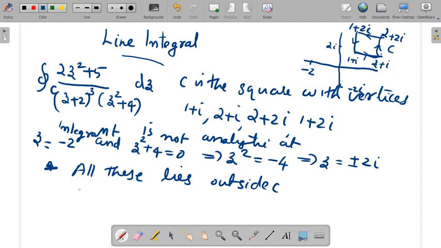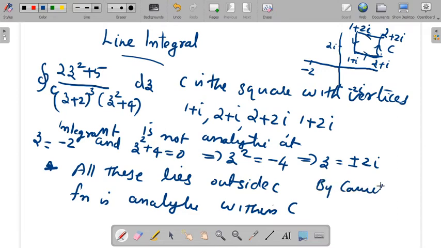So you can conclude that the function is analytic within C. And C is a simple closed curve. So as the function is analytic within C, by Cauchy's integral theorem, we can write the integral over C f(z) dz equal to 0.